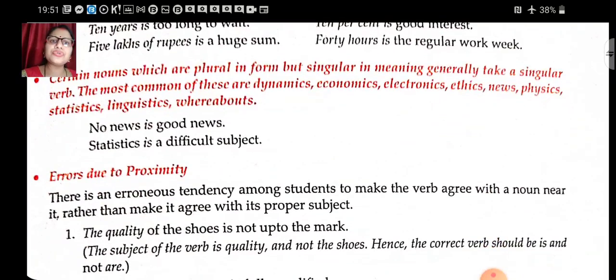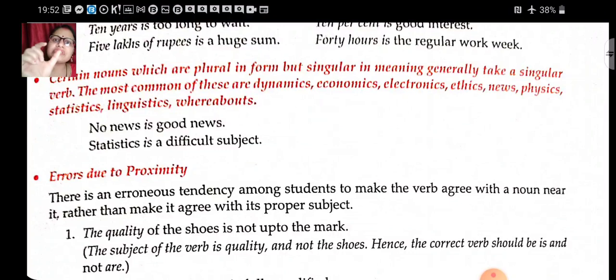Now errors due to proximity. There are some errors also, like we talk about exceptional cases. There is an erroneous tendency among students to make the verb agree with the noun near it. Remember students, if in any sentence you are getting confused whether our subject is plural or singular, you simply have to think that your verb is near to what.